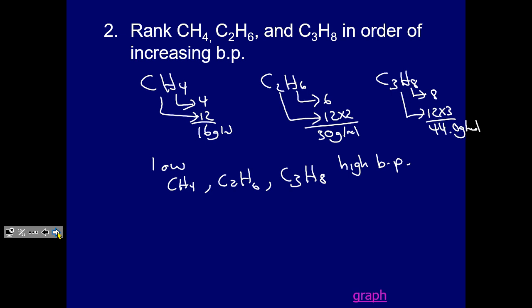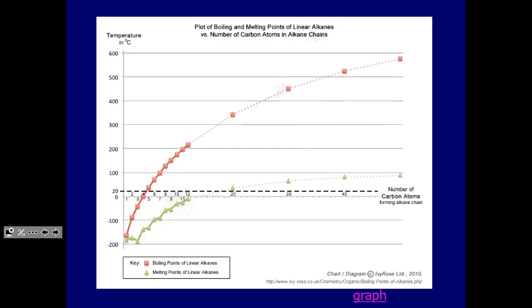If we were to look at the actual data, you can see it there. Again, I just Googled it. And this is a graph of temperature versus the number of carbons, because the more carbons there are, the heavier it's going to be. And we did the first three here, 1, 2, 3. And you can see here it's not perfectly linear. Once it gets so heavy, it doesn't increase anymore.